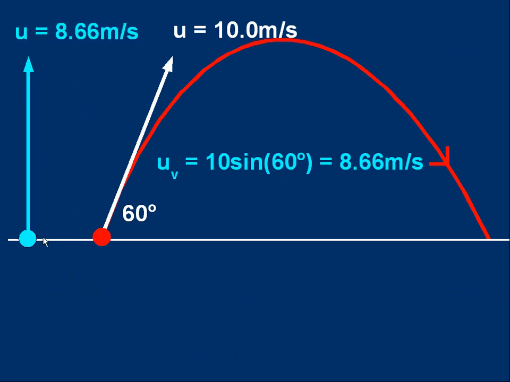This second object is going to be thrown vertically upwards, and we're going to make its entire initial velocity 8.66 meters per second. So it's got the same vertical velocity as the vertical component of the red ball, both 8.66 meters per second. And we're going to throw these two things up together.